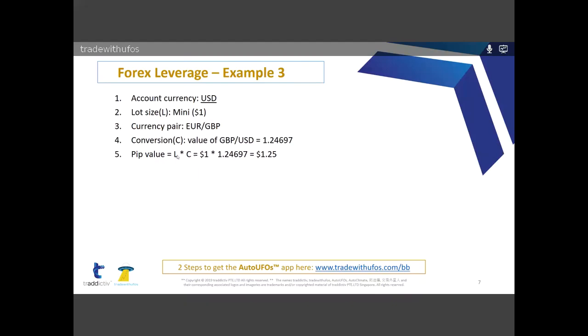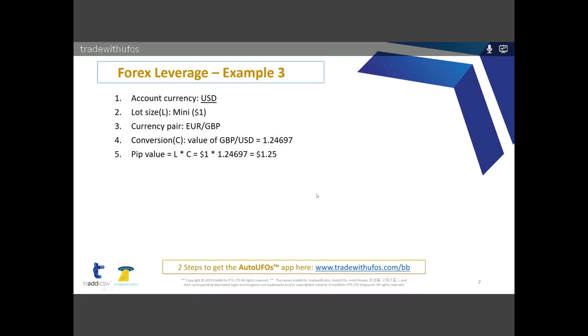So we're going to multiply our lot size by the conversion value of 1.24697, and we get $1.25 per pip. Okay, so I'm giving you guys the hard way because it'll help you understand what happens behind the scenes. How do we calculate all these values, etc.